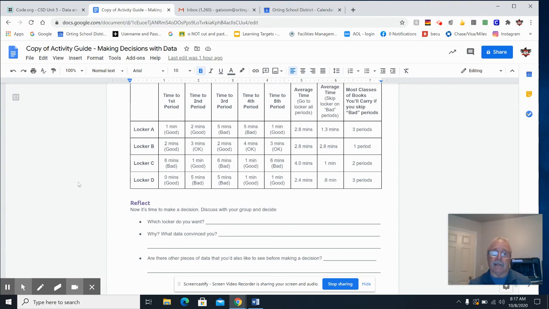Just be able to back up your decision with what you see, and use the information that you have in front of you to make sure that other people understand why you made your decision. What was it based on? The information, the data. So that's what this is all about. Structuring data, making decisions based on data, and you being able to support your decision.